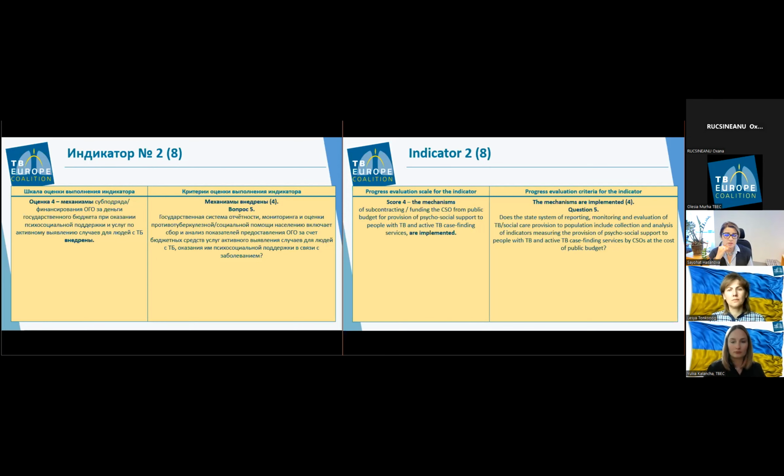But this indicator is important and we need to collect the data. So currently at the global and regional level, we use the quantitative method. At the regional level, we try in our reports to indicate qualitative analysis, and this gradation will be helpful there.